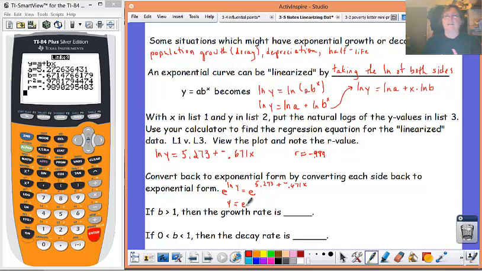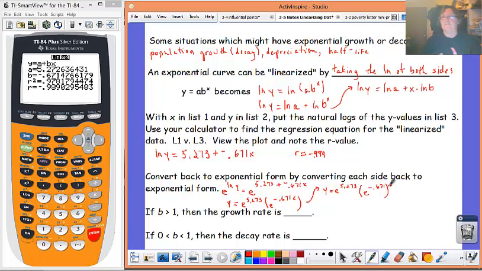So we're going to be looking at e to the 5.273 times e to the negative 0.671x. Well, some of you will be thinking, okay, power to a power, that x doesn't have to stay in there. In fact, you'd be absolutely justified in doing this. y equals e to the 5.273 times e raised to the negative 0.671, all raised to the x. And now we're back totally in exponential form.